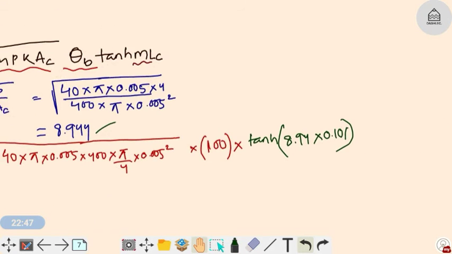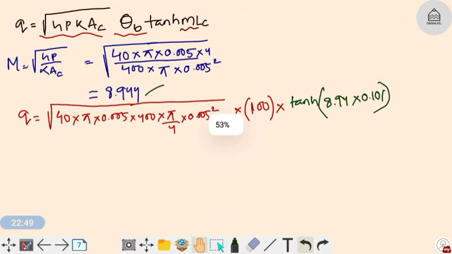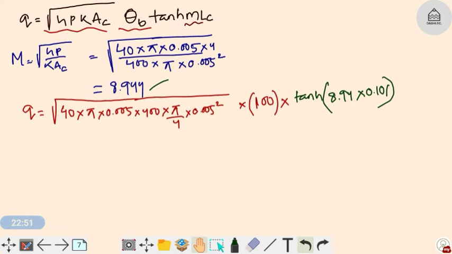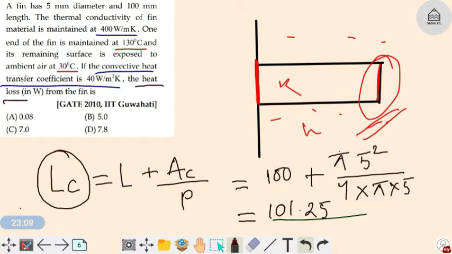So if I find out this expression, my answer will be 5.04. So option B. So now let's move to the next question.